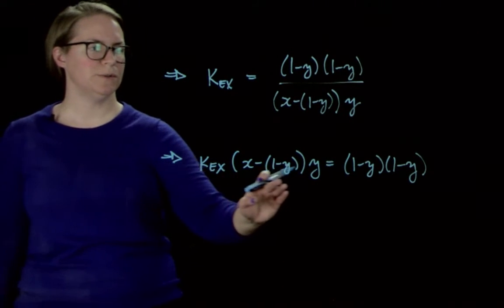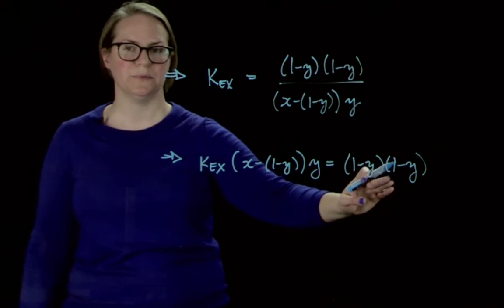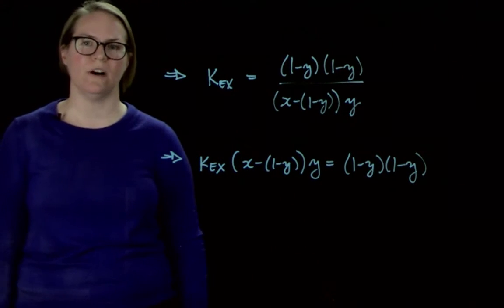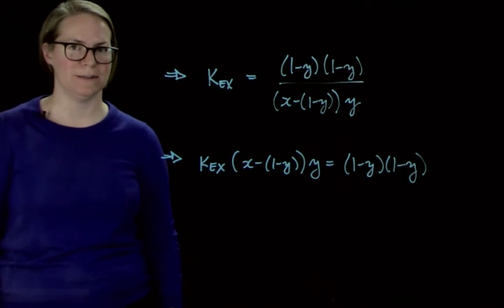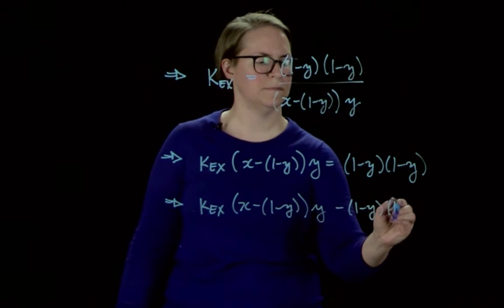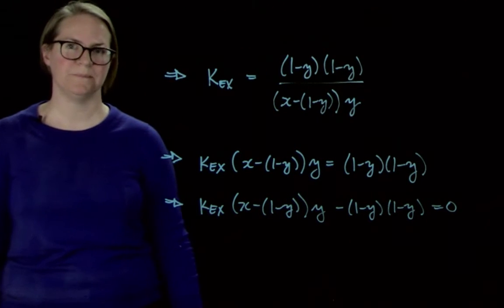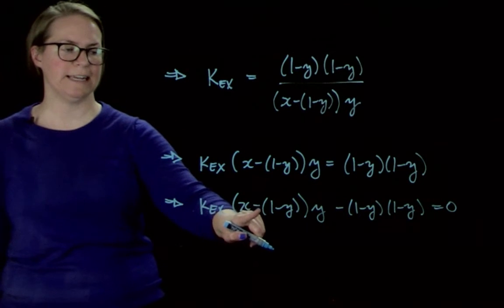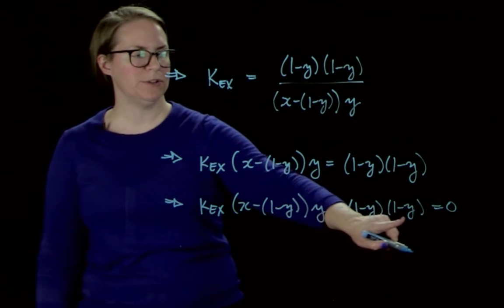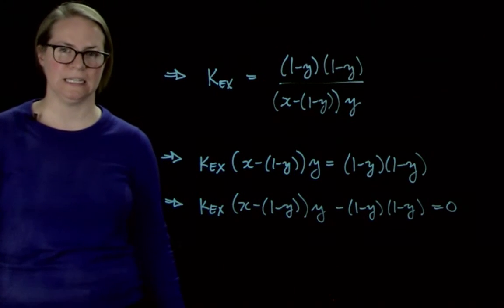Next, I'm going to subtract the 1 minus y times 1 minus y from both sides so that we have all expressions involving variables on the same side of the equals sign. The last step is just some housekeeping. I'm going to distribute this negative on the 1 minus y, and rewrite the 1 minus y times 1 minus y as 1 minus y squared to clean things up.